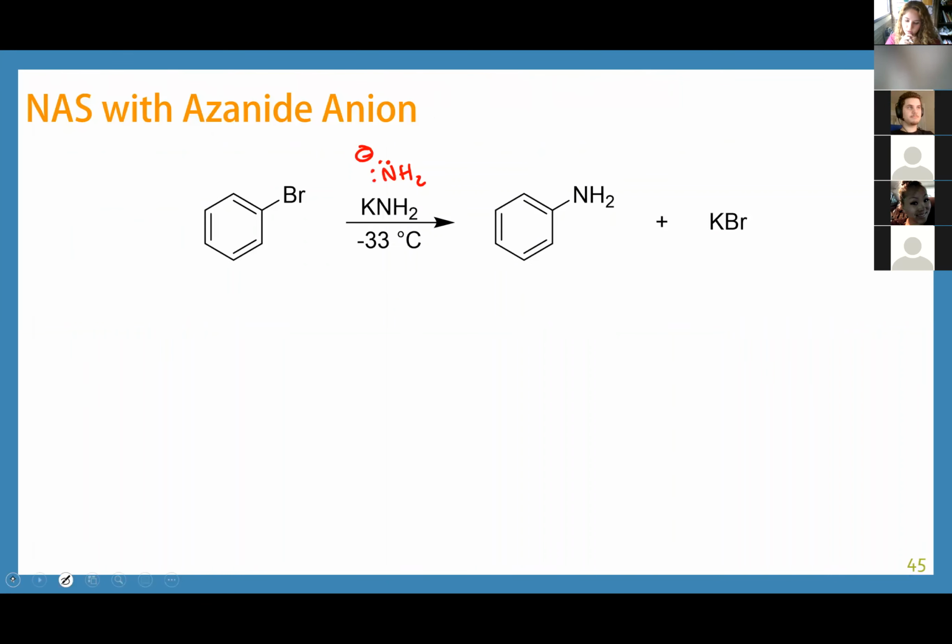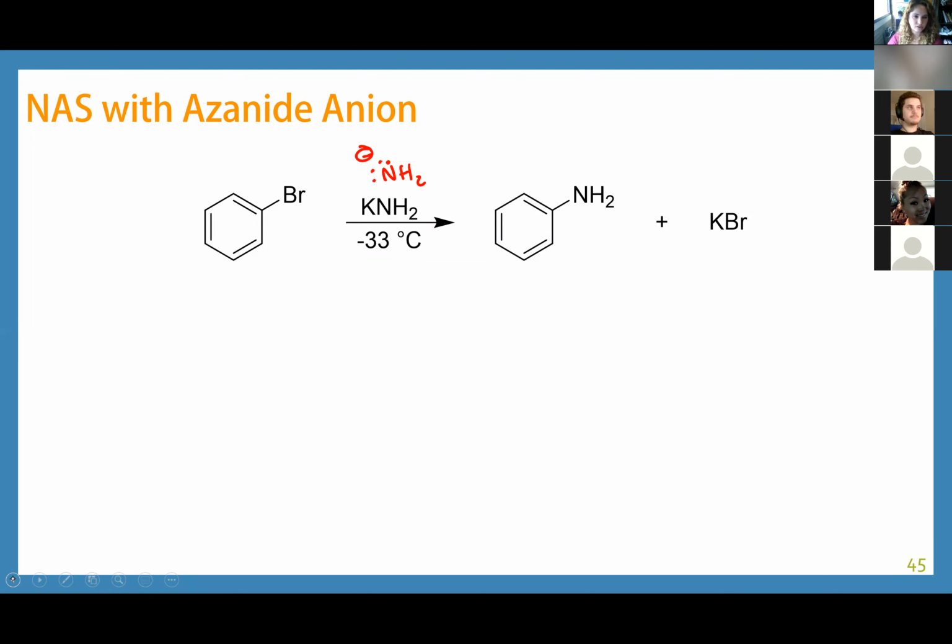Okay, yeah. So this mechanism does not go through addition elimination. It goes through what's called an elimination addition reaction. And because of that, the products are a little less obvious. So if you just have something like bromine present, this reaction actually happens pretty readily.